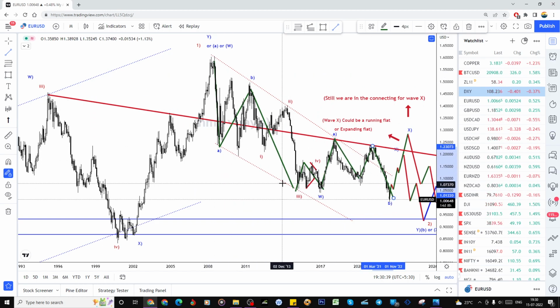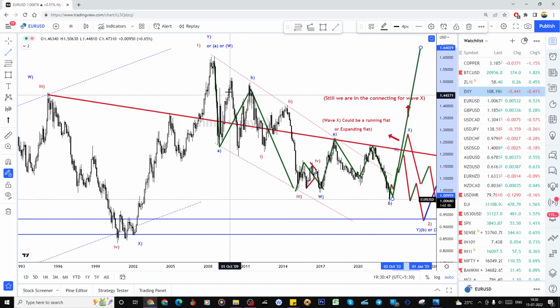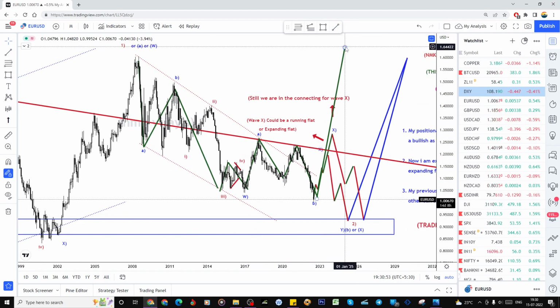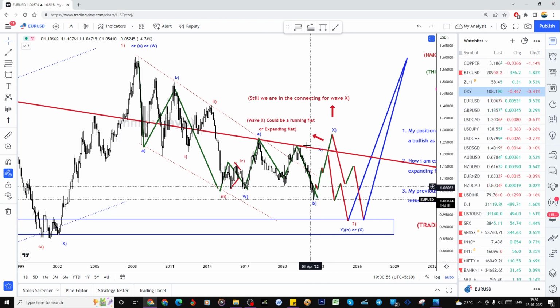So 1, 2, 3, connecting wave, 1, 2, 3. So this is also valid. When the market shoots like this, we will calculate and put the wave count like this. But if the market did like this, there is an opportunity, this is a possibility.